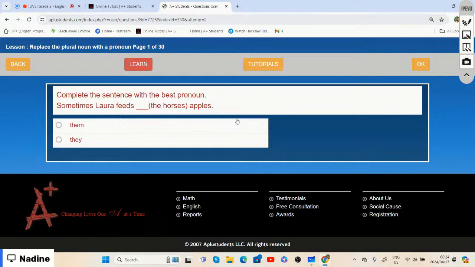So do we say sometimes Laura feeds them apples, or sometimes Laura feeds they apples? Which refers to the horses? So sometimes Laura feeds the horses apples. Is the horses them or is it they?